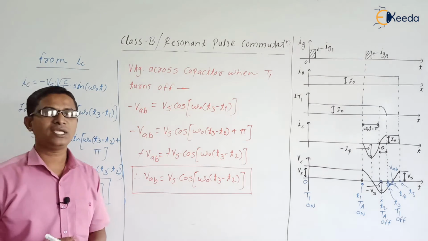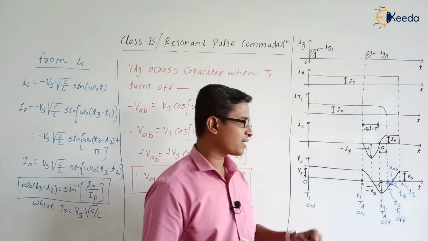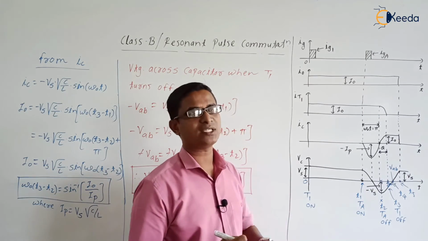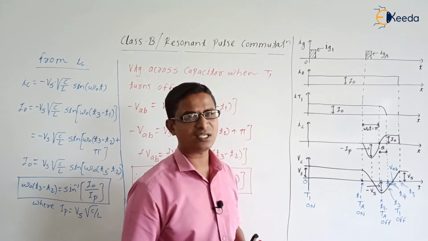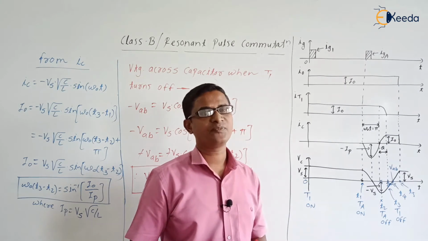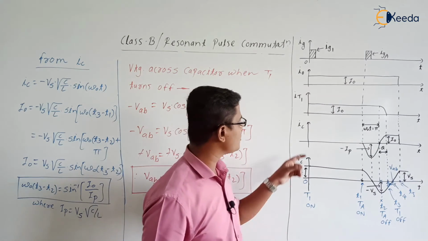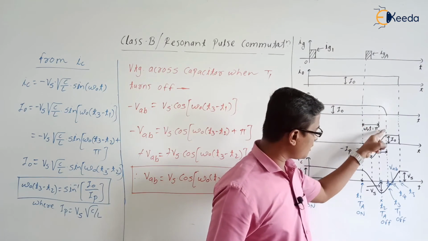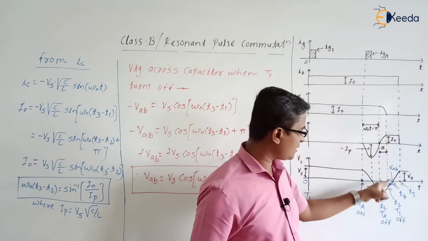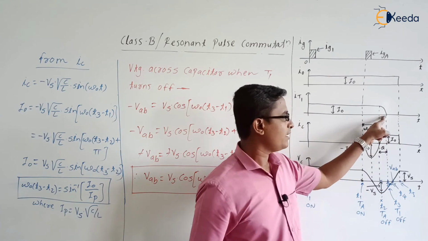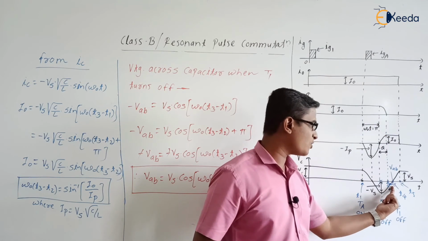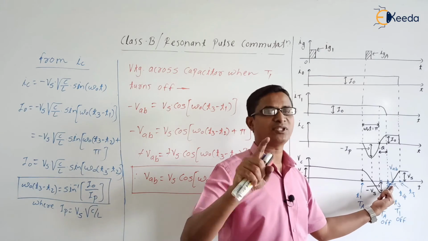Now, can we find the circuit turn-off time for thyristor T1? How to find it? For any thyristor, first of all, we need to check the instant at which the current flowing through the thyristor becomes 0. That is at T is equal to T3. After that, the capacitor voltage will appear as a reverse voltage for thyristor T1.